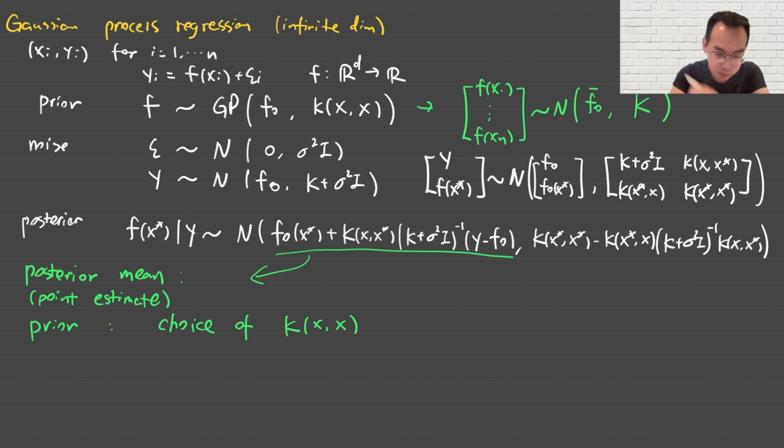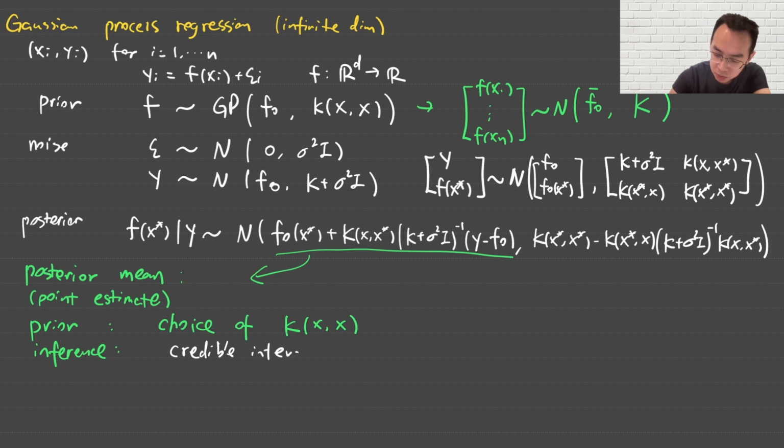Because of this uncertainty term, the variance, we can also perform statistical inference using it. For example, we can do the credible interval for Bayesian models.